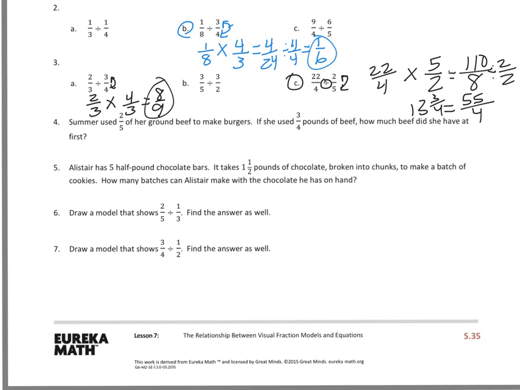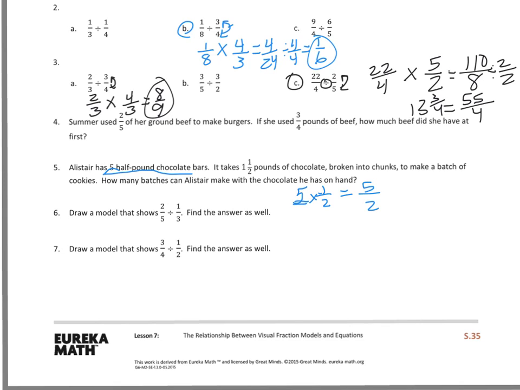So what we need to do is, first we have to figure out what 5 half-pound chocolate bars are. And I know that I have 5 half pounds. It's the same as 5 times a half, which is going to give us 5/2. So that's what it means when it says 5 half-pound chocolate bars.